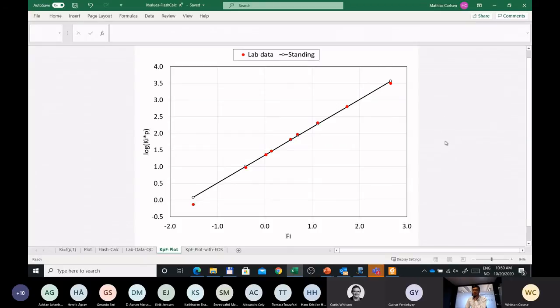And this looks like a very good equilibrium check of the separator gas and separator oil samples on this plot here.